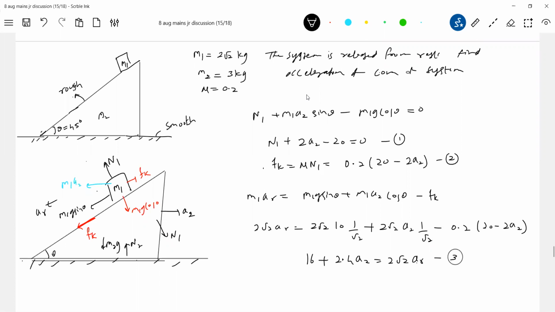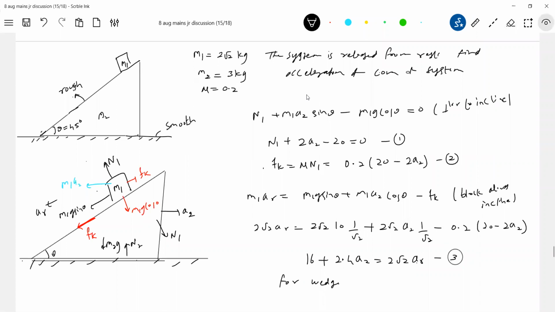Okay, this is for the block along the incline, and this is perpendicular to the incline. I'm writing comments nearby also. Now, for the wedge, what is the equation? What are the forces acting on the wedge?